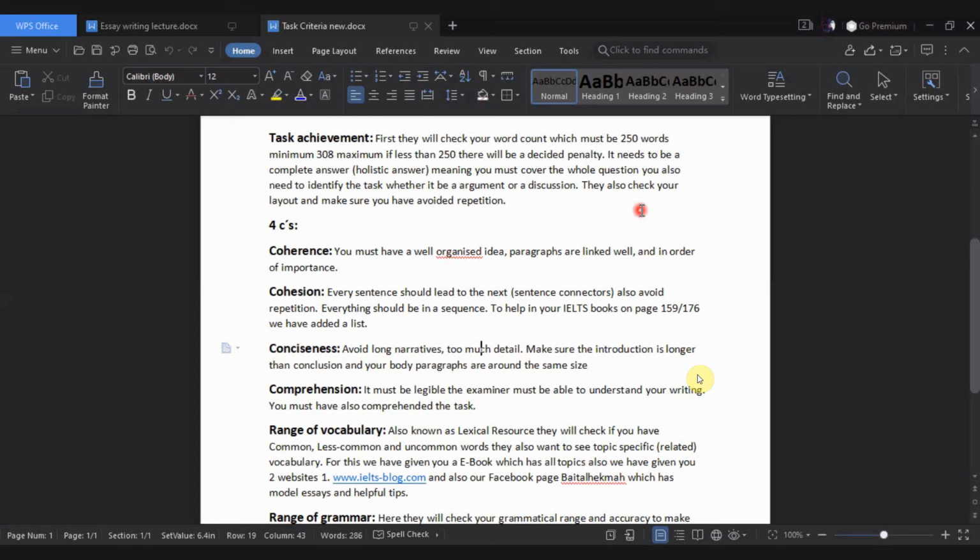So the role of introduction is to just introduce the reader and give a preview. The role of conclusion is to conclude and summarize everything. At the same time, the body paragraphs are around the same length. This is not only in your letters, but also essays, and then report writing as well.